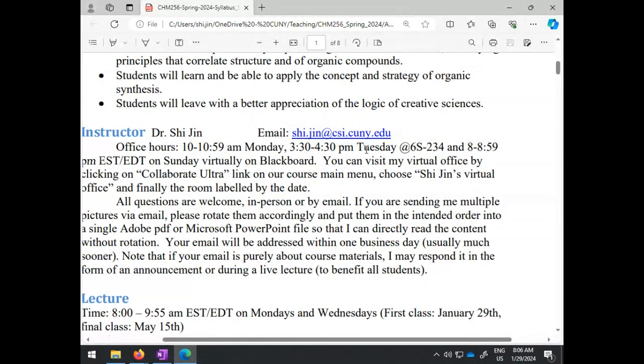In organic chemistry one, I already emphasized the importance of mechanism. But in organic chemistry two, the importance of mechanism is even greater, because the number of reactions in organic one is rather limited compared to organic two.